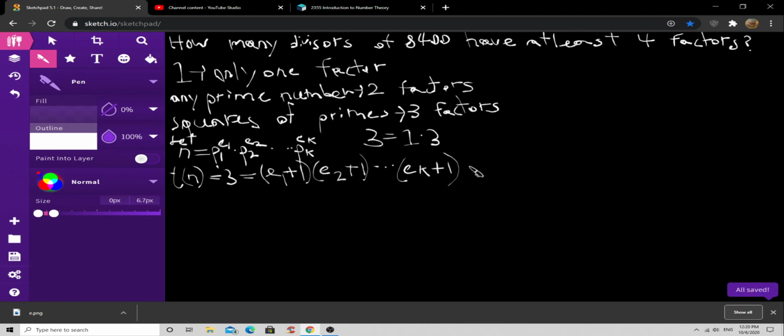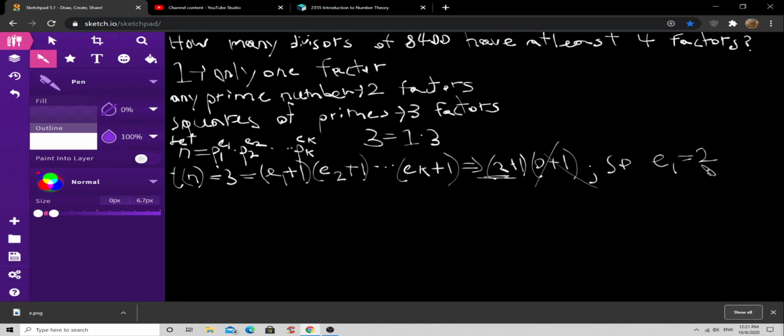This translates to e1 equal to 2, so 2 plus 1 gives us 3, and then 0 plus 1 gives us 1, which we can ignore. So e1 equals 2, and that's our only non-zero exponent.